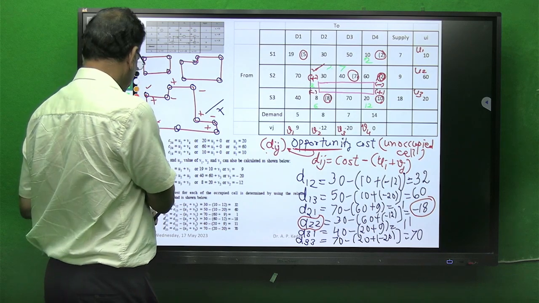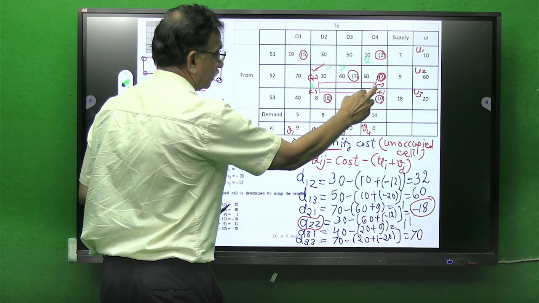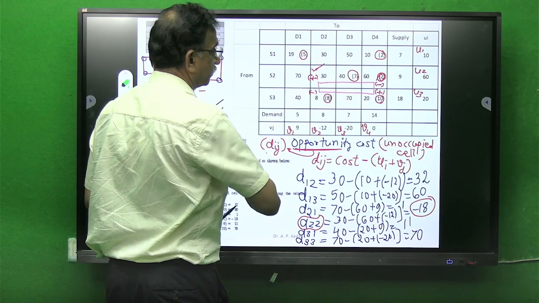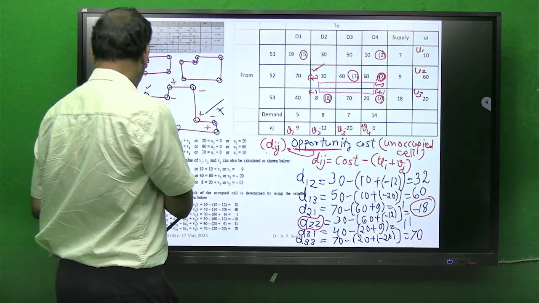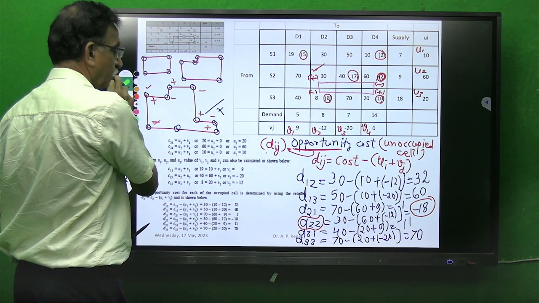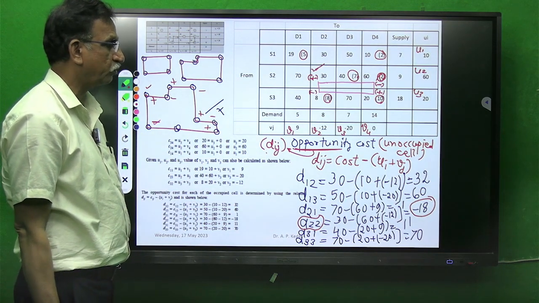So now, we did this particular exercise. In next case, what we'll get?